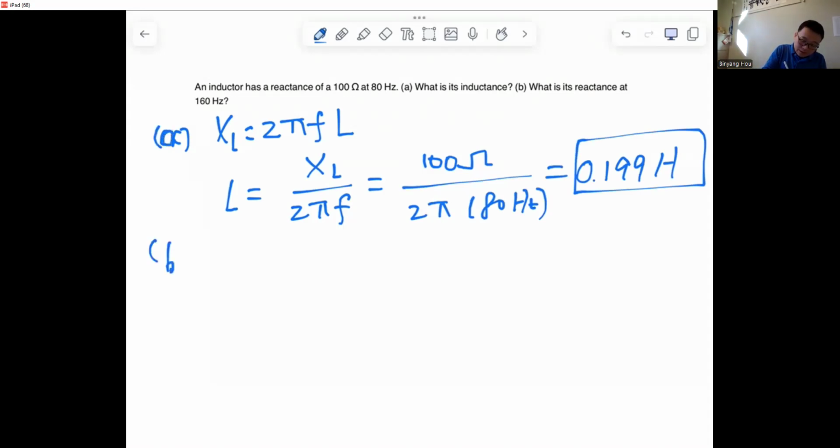Now part B is asking if your frequency changes to 160, what will be your new reactance? Based on this, you can see if F doubles and L stays the same, then XL will be double.